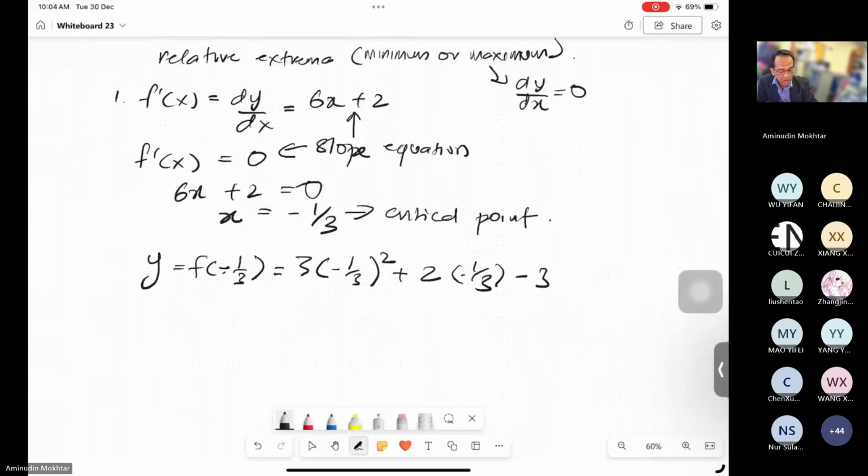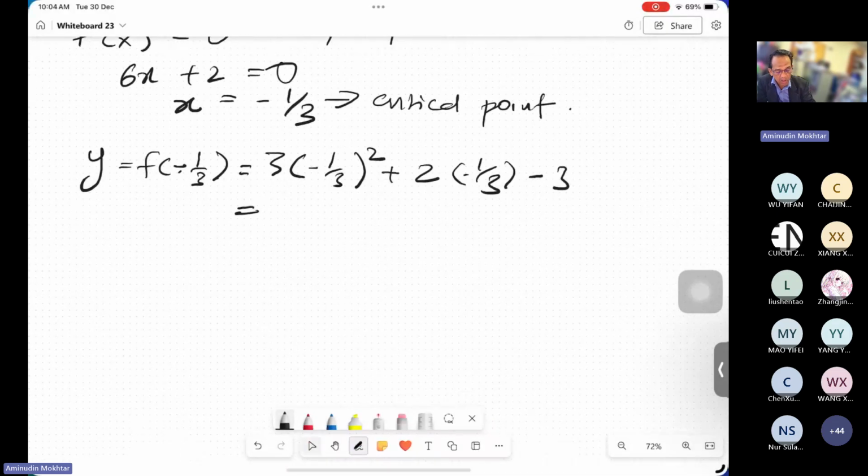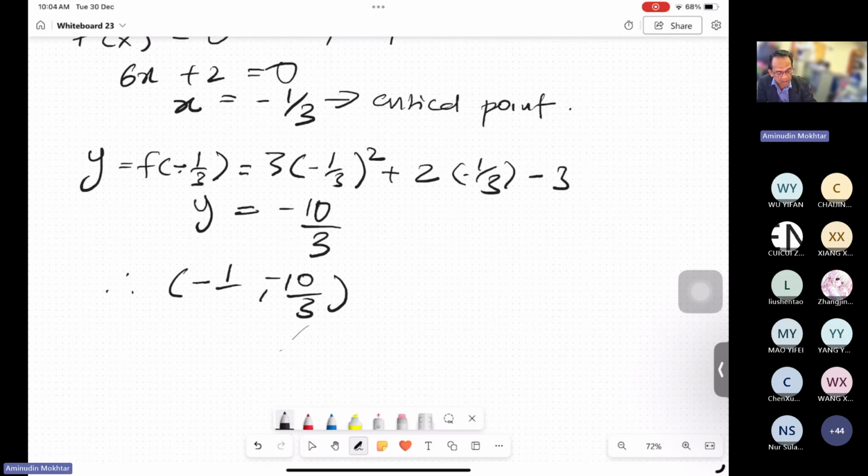So y equals negative 10 over 3. Therefore, the coordinate point of the critical point is (-1/3, -10/3).